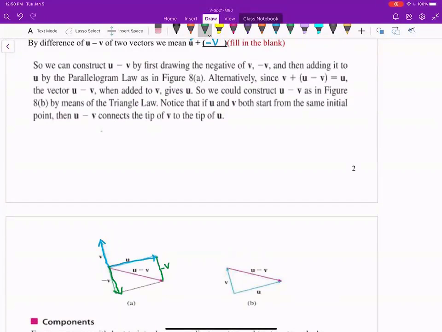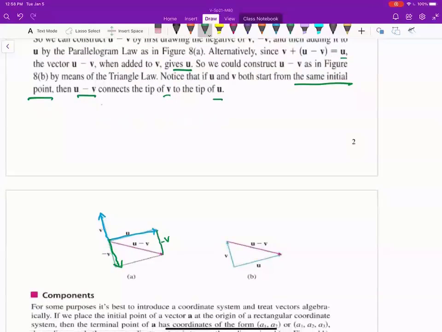Alternatively, v plus u minus v is equal to u. The vector u minus v, when added to v, gives the vector u. So we could construct u minus v, as in figure 8b, by means of the triangular law. Notice that if u and v both start from the same initial point, then u minus v connects the tip of v to the tip of u.